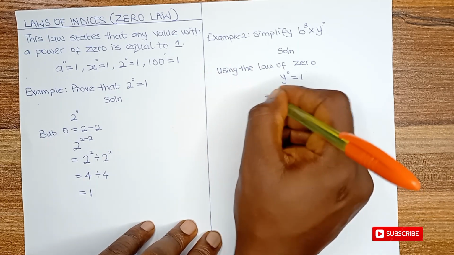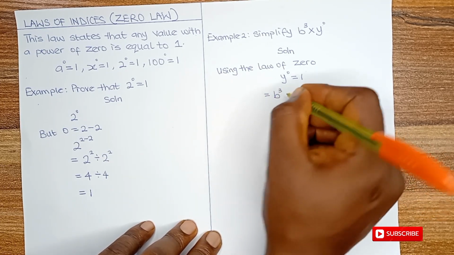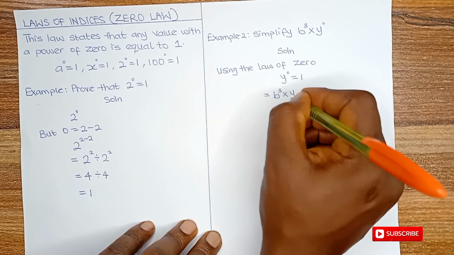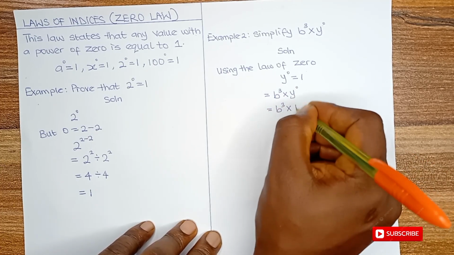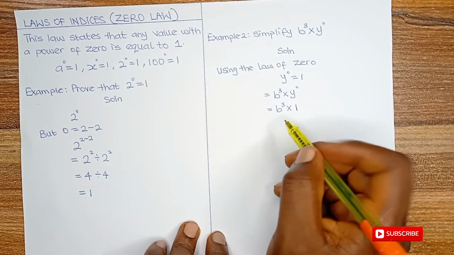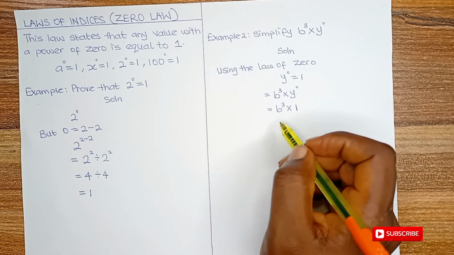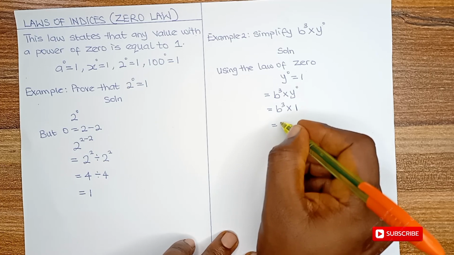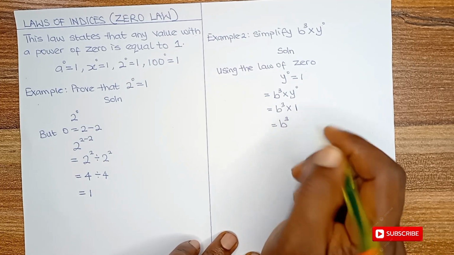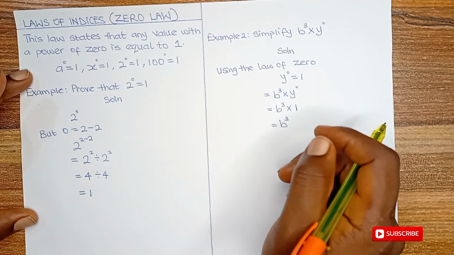This means b to the power of 3 multiplied by y to the power of 0 is equal to b to the power of 3 multiplied by 1. Okay, so any value multiplied by 1 is that thing. So we can simply say our final answer is b to the power of 3. That is the simple answer to this question.